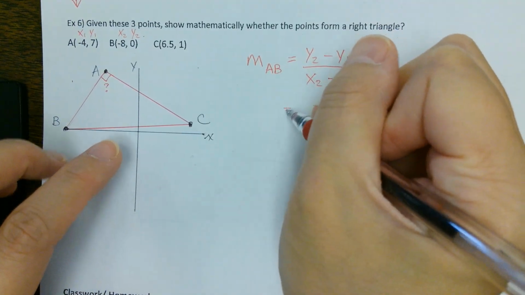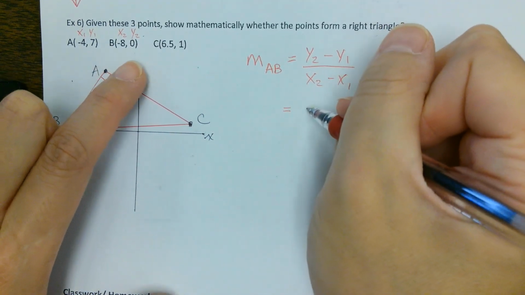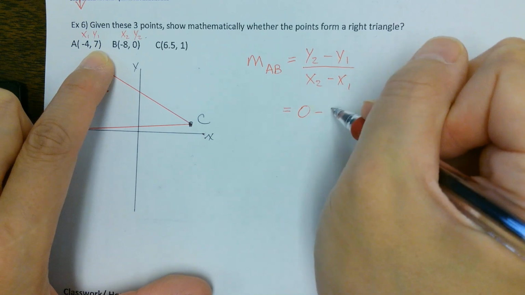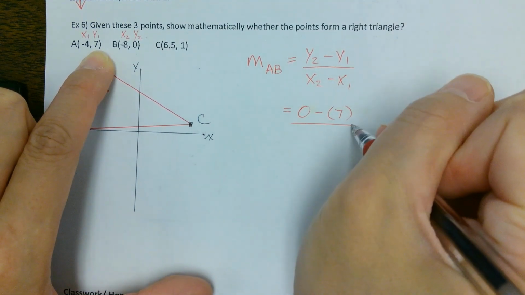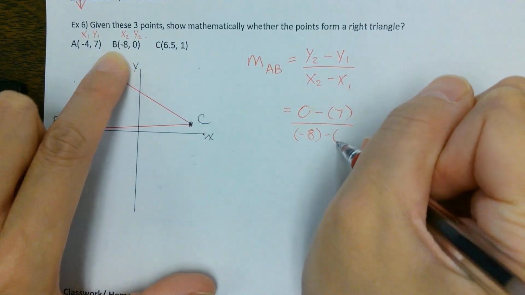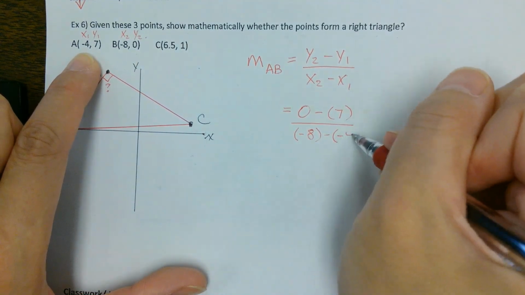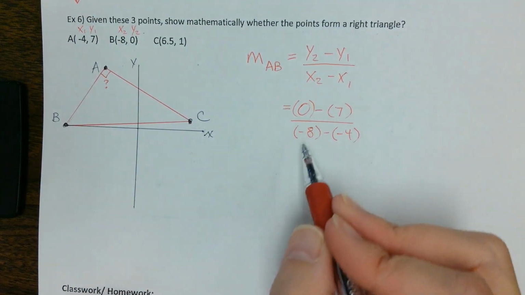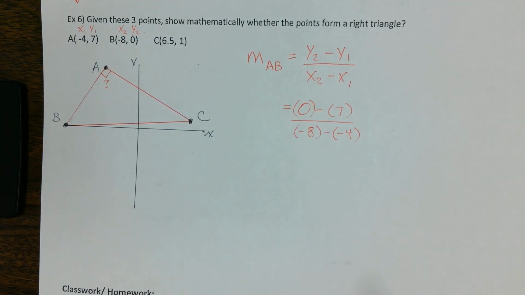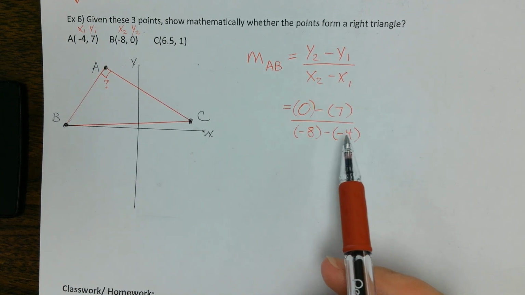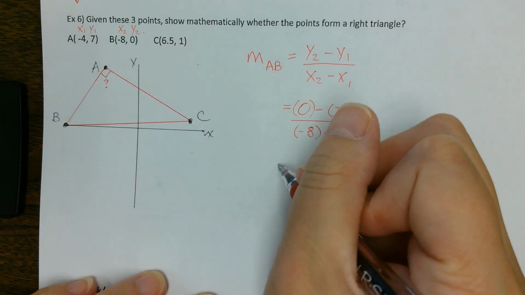So subbing it in, y2 is 0, minus y1 which is 7, over x2 which is negative 8, minus x1 which is negative 4. Notice I put brackets around every substitution. You want to try to do that too, so that you can see the double negatives.